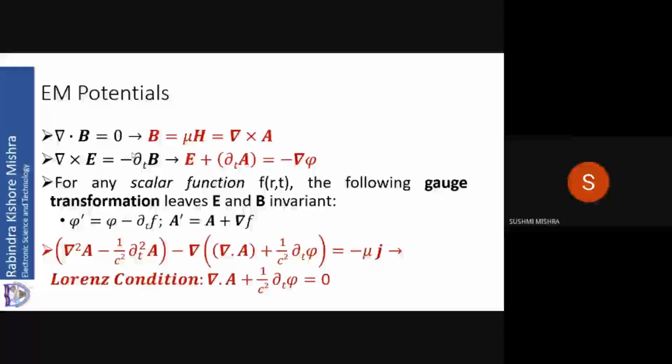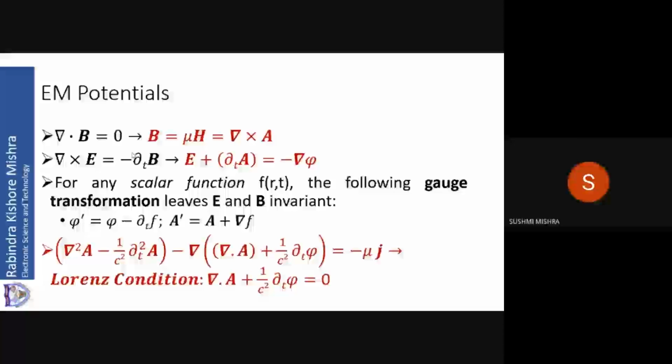So using that, we found out a condition for A, which is del square A minus 1 upon C square dou T square A minus grad of divergence of A plus 1 by C square dou T phi is equal to minus mu J. This we found out from the expression for curl of B. So in the curl of B, if we put A and phi, we found out this.